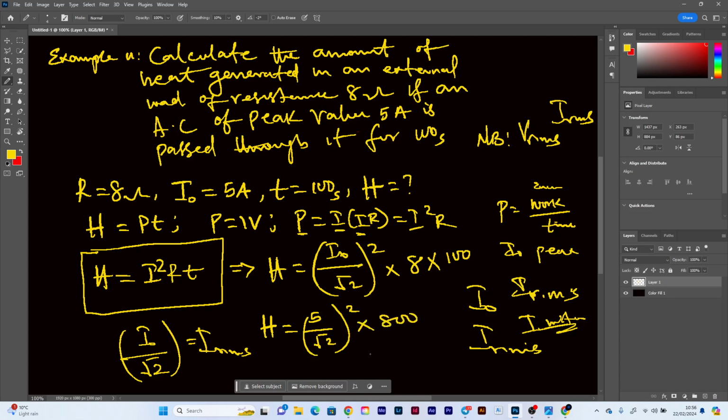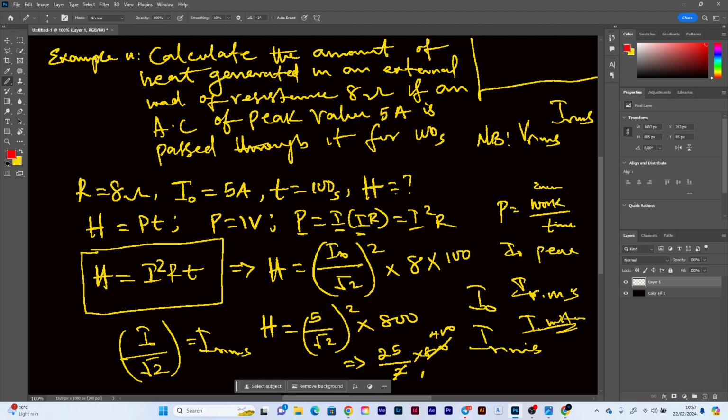For that reason, this will become 25 all over 2 times 800. 2 here 1, 2 here 400. So 25 times 400 will give us 10,000. That's it. So we have 10,000 joules.